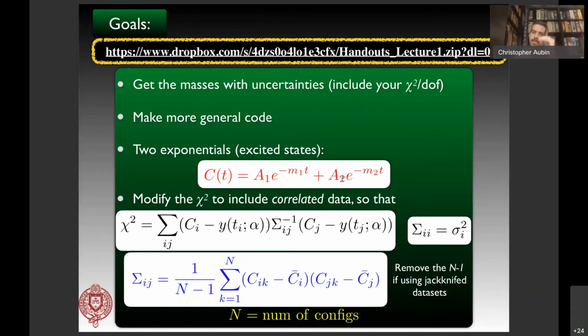So all those different data points are correlated, and so you can calculate the correlation matrix this way. Remove that n-1 factor if you're using jackknife samples, okay? And find a way to modify the chi-squared in LMFit to use this different expression, okay?